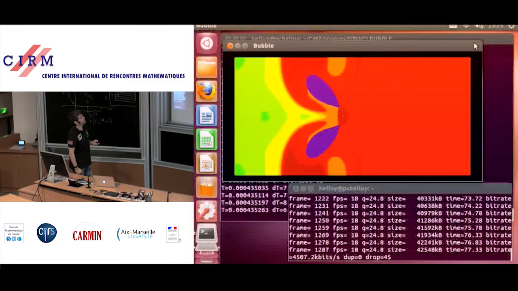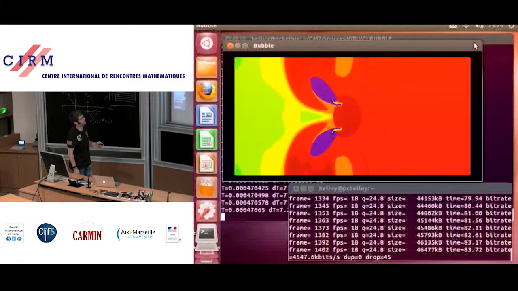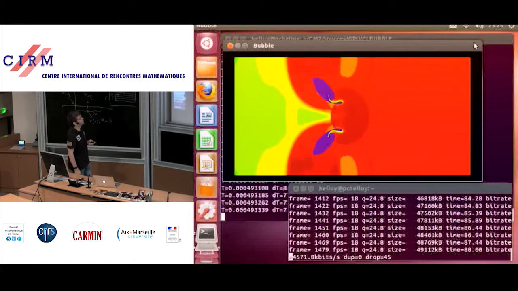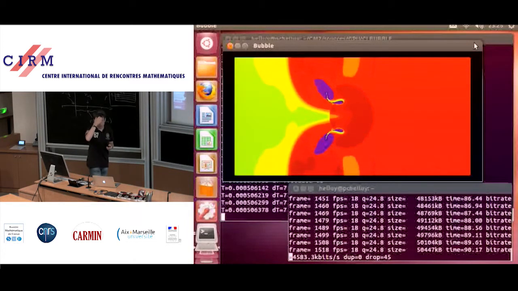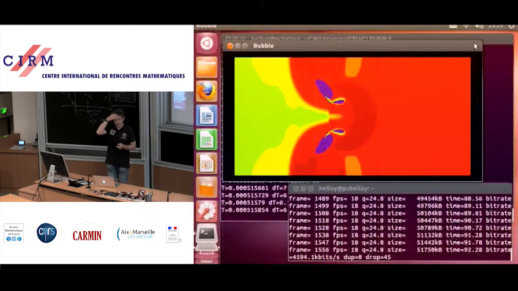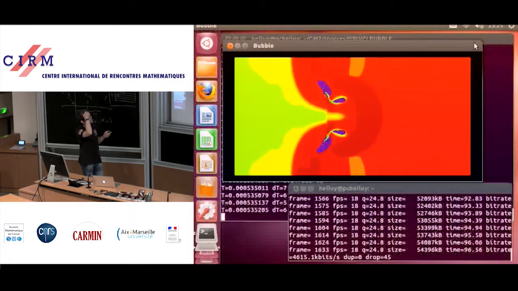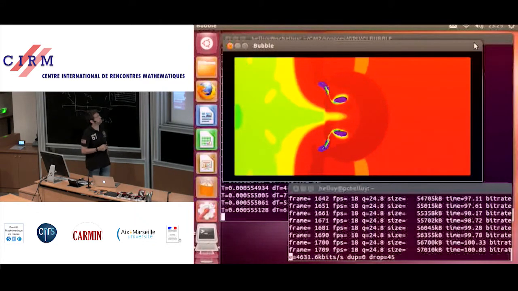So you can see that it's rather fast. I don't remember exactly, but here you have a few hundreds of cells in this direction, and a few hundreds of cells in this direction. Okay? So it works, and it's fast. I would say that the speedup compared to a classical CPU computation is of the order of 100. So the bubble splits and so on.